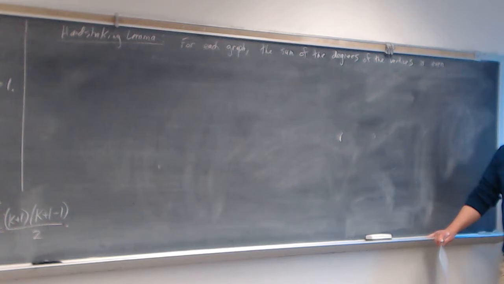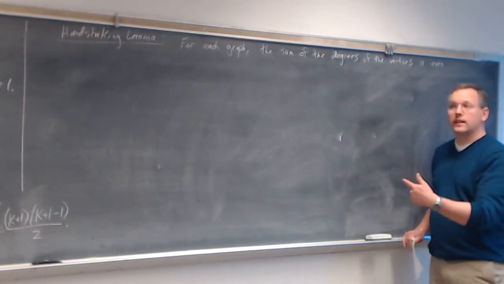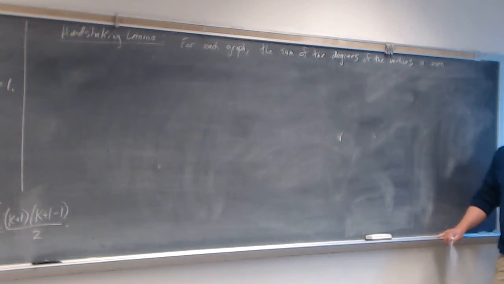Basically, what that says is, if you think about a handshake, how many hands are needed to make one handshake? Two hands. And so if you count up the degrees, you're going to be counting each edge twice.